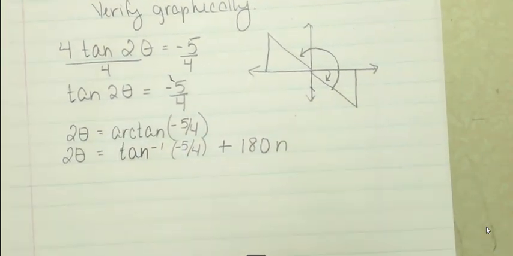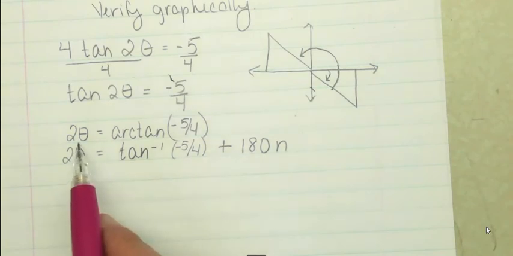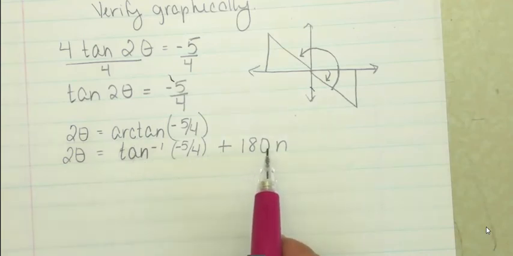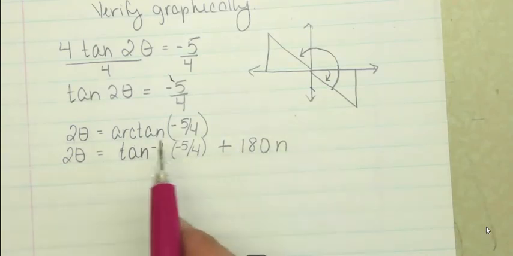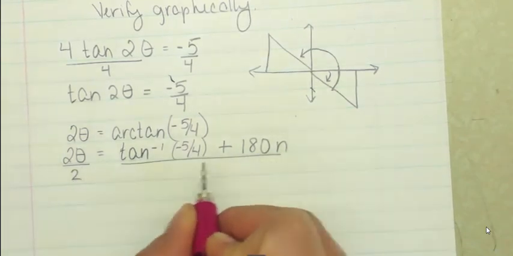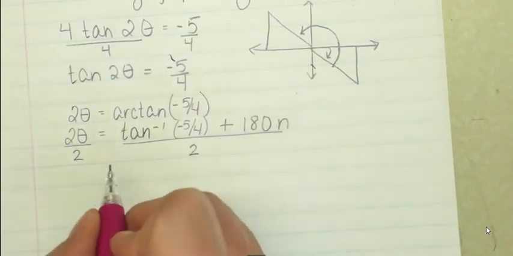Okay. Well now, you could have done that before. You could have divided by 2 here to both sides, and then you would have just needed to make sure that this whole side would get divided by 2 once you did tan inverse instead of the arctan. So here I'm going to go ahead and divide by 2 because this is kind of tricky. This even fools me often.